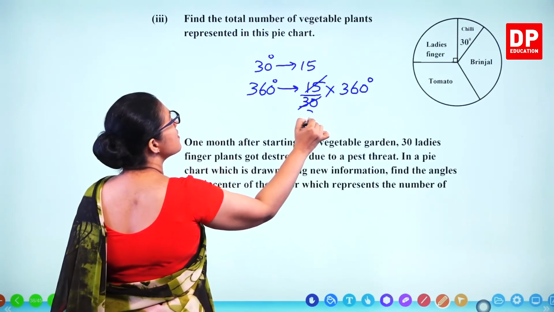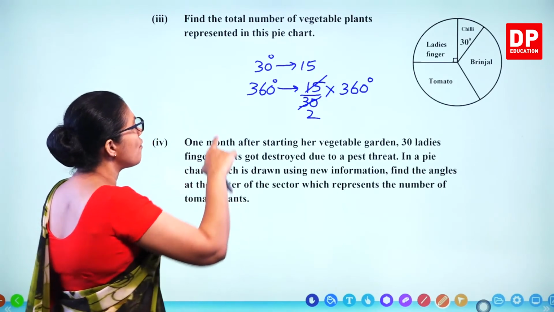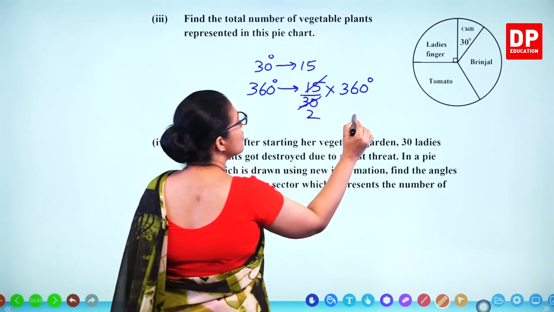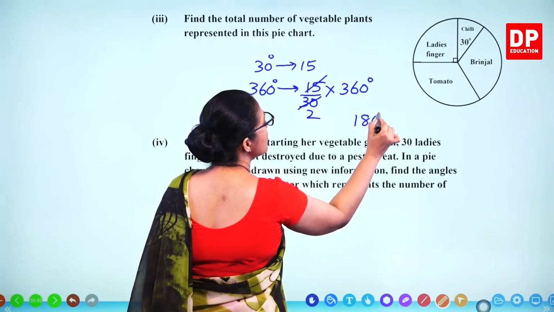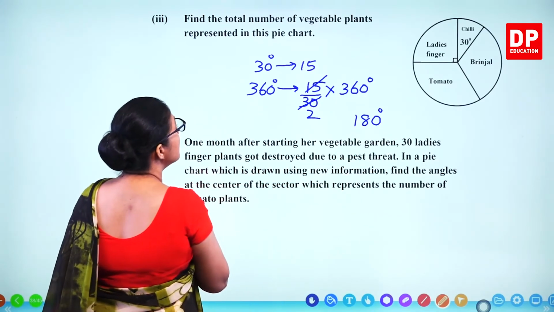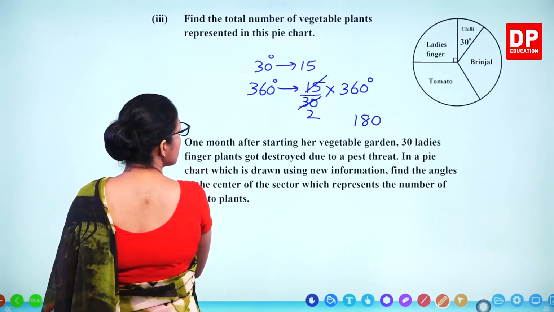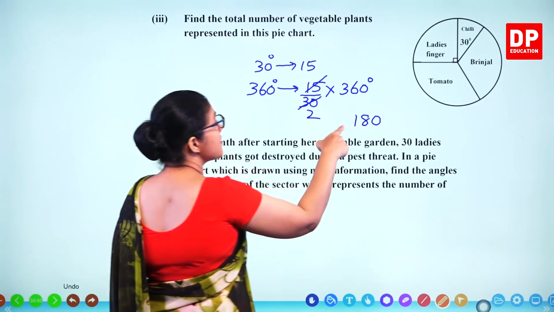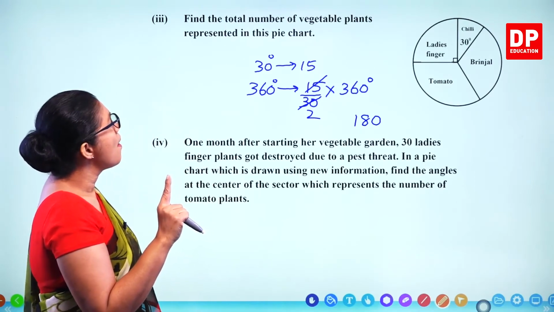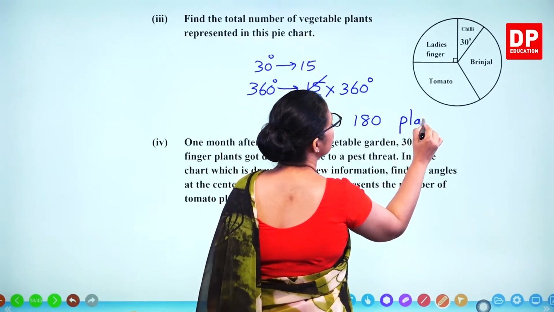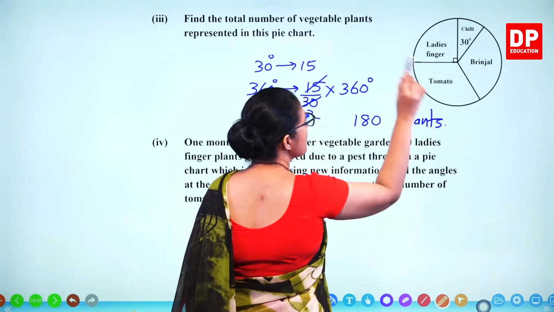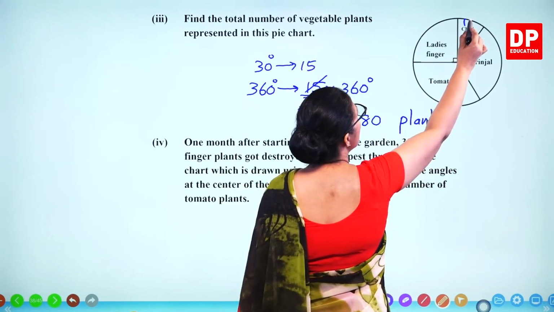So this is like dividing by 2, half of that. So you get 180. This is not 180 degrees. This is 180 vegetable plants that are there. That's the total.